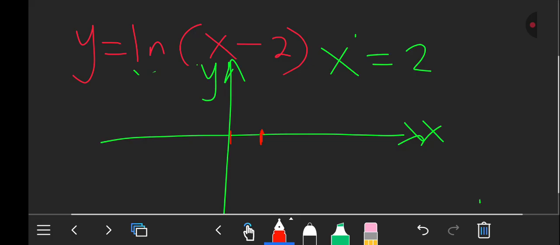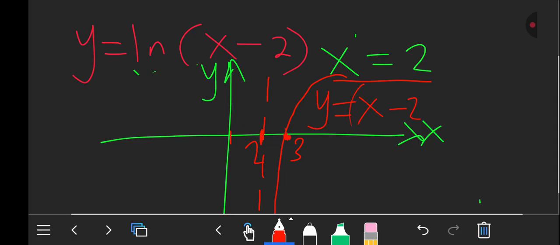So instead of being on x is equal to 0, it is now on x is equal to 2. Meaning that where the graph will cross, instead of crossing on 1 as it is with ln x, because of this 2, we are going to add 2 plus 1, so it will pass on 3. That is where it crosses the x-axis. So that's how to sketch y is equal to ln of x minus 2.